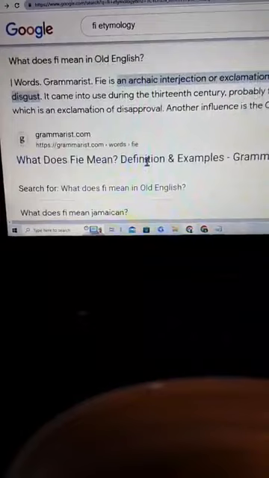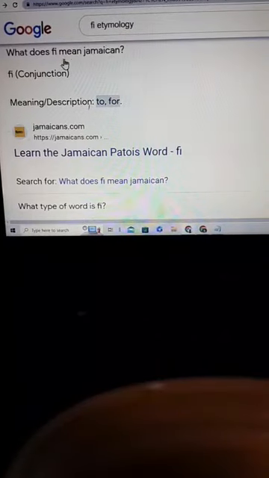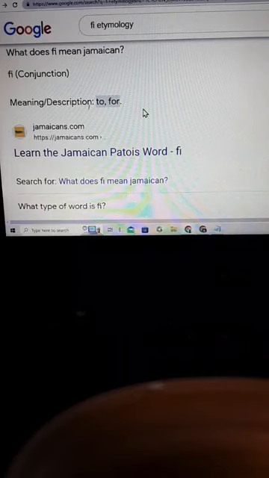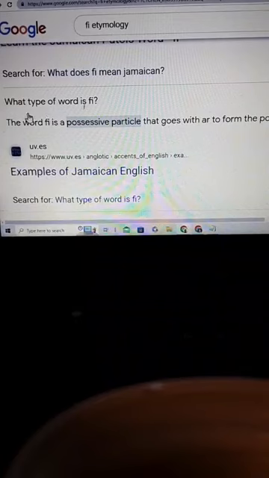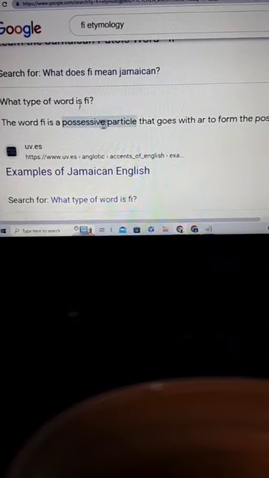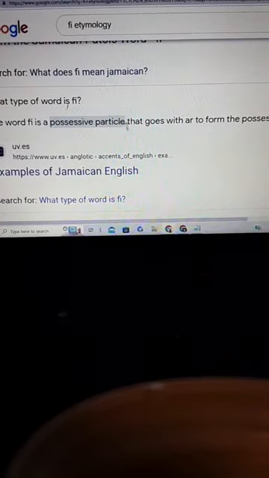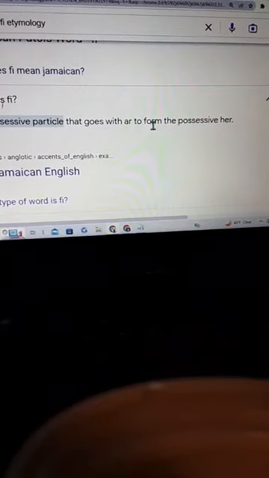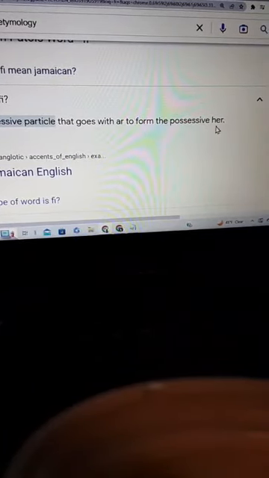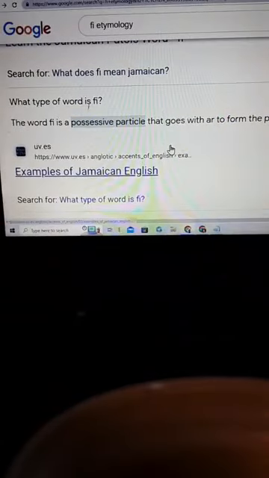Okay, as you go down, it'll tell you all these different meanings. What does fi mean Jamaican? To or for. So towards. What type of word is fi? The word fi is a possessive particle. That goes with ar to form the possessive her. Okay, possessive her.